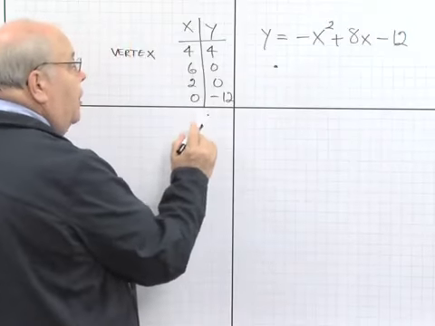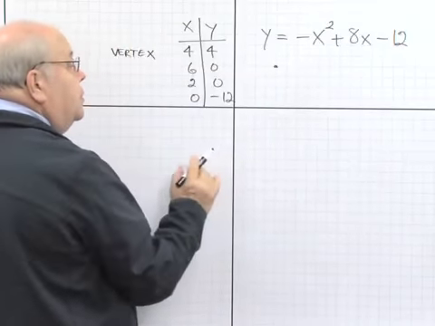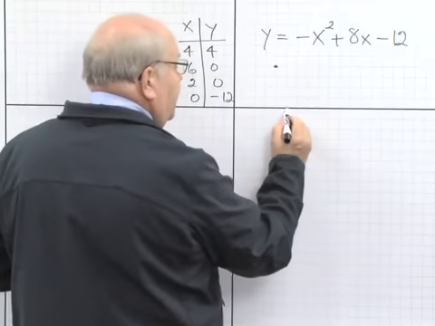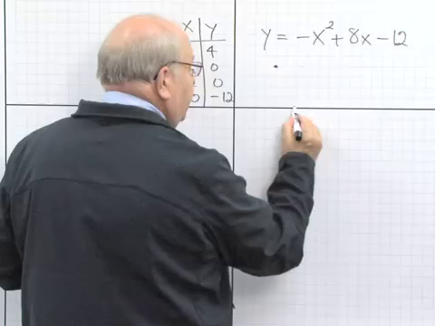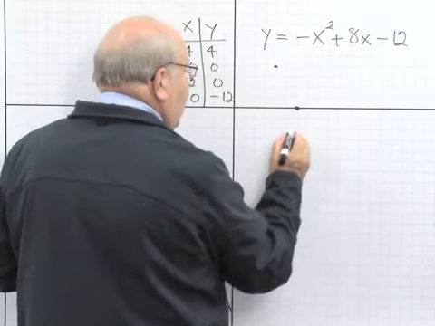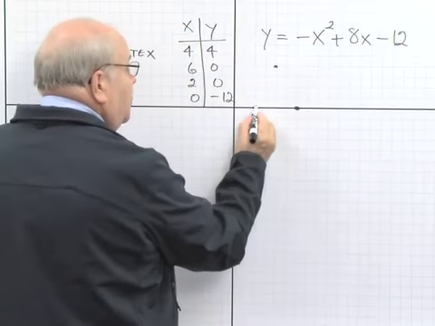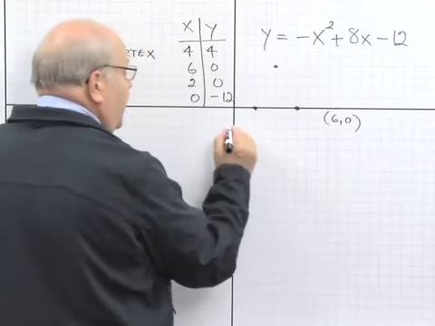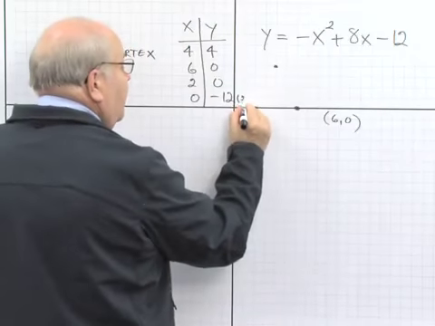Now we discovered along the x-axis there are two intercepts. When x is 6, and when x is 2. So we have for ordered pairs 6, 0 and 2, 0.